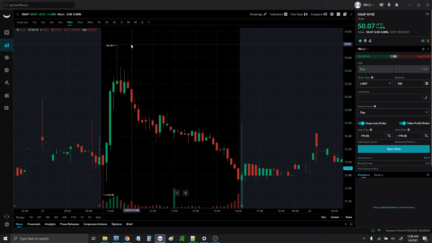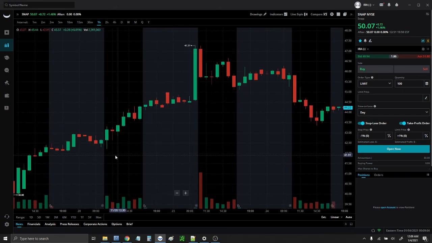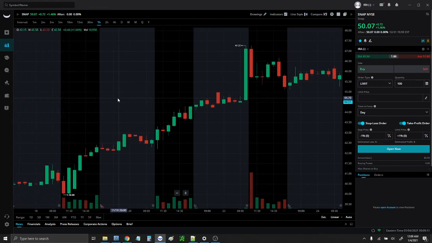So here you can see this was a pretty good run up from there to there, and you can see it even higher on a 1 hour. So every candle represents 1 hour.